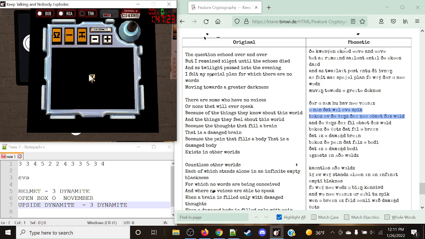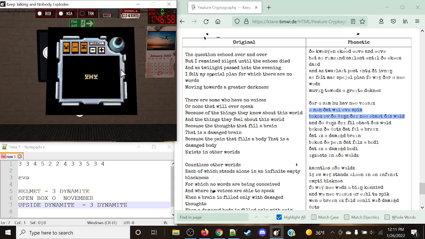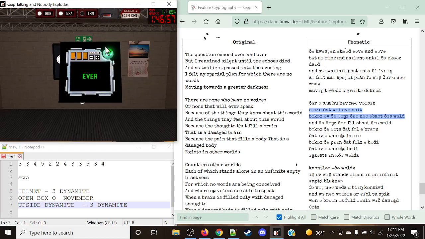And then next up, it just matches the exact same characters. We have open box right here. We have the O, and then we have the dash, excuse me, the lever rather. Plug that into the module. Okay, that matches what we had beforehand. And we have the upside down dynamite right here, and then we have the dash, and then we have the 3-stick dynamite at the bottom. Let's hit submit. And just like that, my friends, is a solved module.